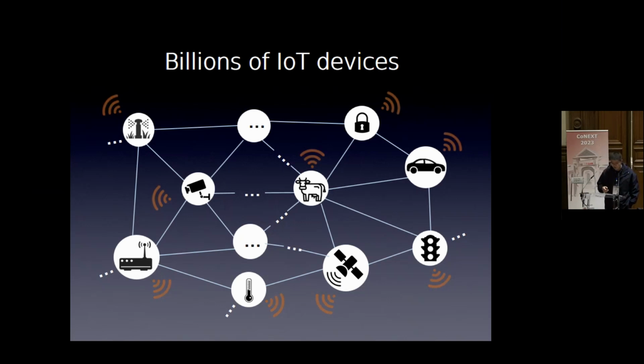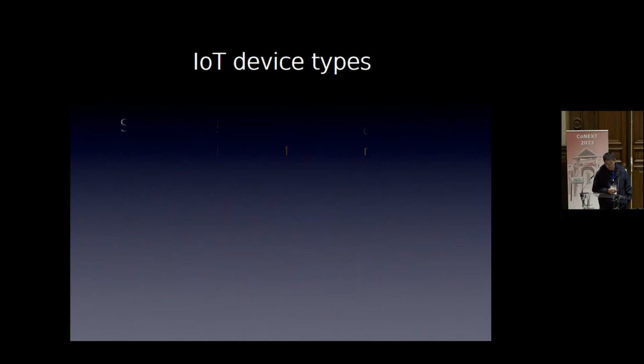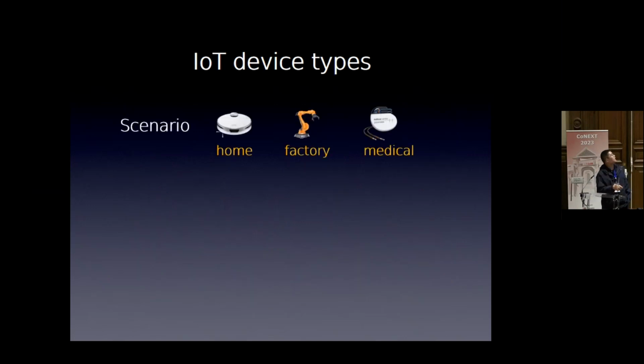Building a world where everything is connected has been a promising goal for the future. In this network, these devices unavoidably need to talk to each other, especially through wireless communication. There are many IoT devices today, and many ways to classify them.